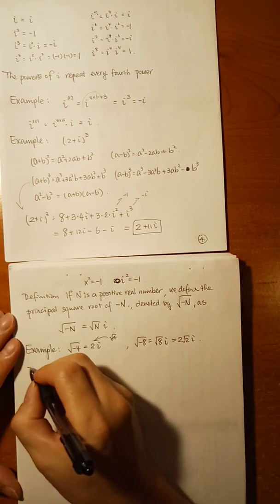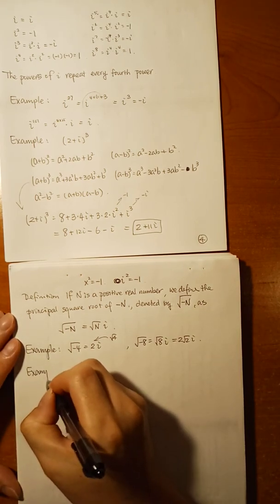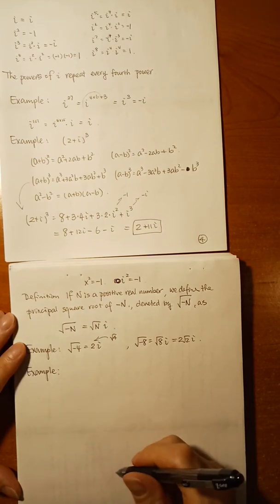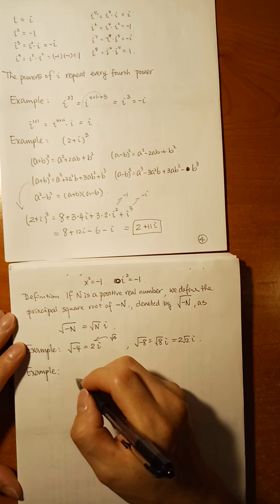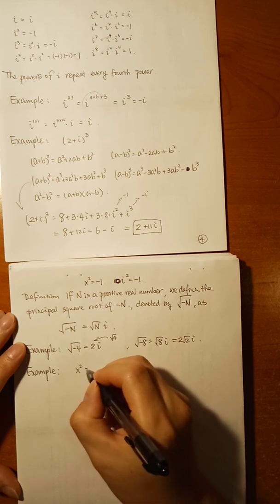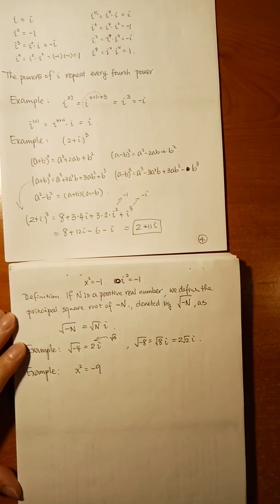So for example, we have x squared equal to negative 9, not negative 1.